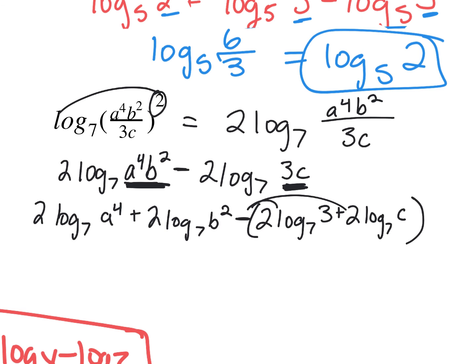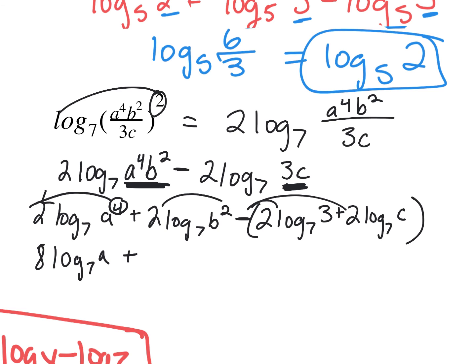What else? The power rule thing, right? We can't have those powers on the a and the b. Are those the only powers that you see? Yeah? Okay. So, when the power rule happens, we take this power and multiply it by the front. What is 2 times 4? 8. So this becomes 8 log 7 of a plus what? 4.